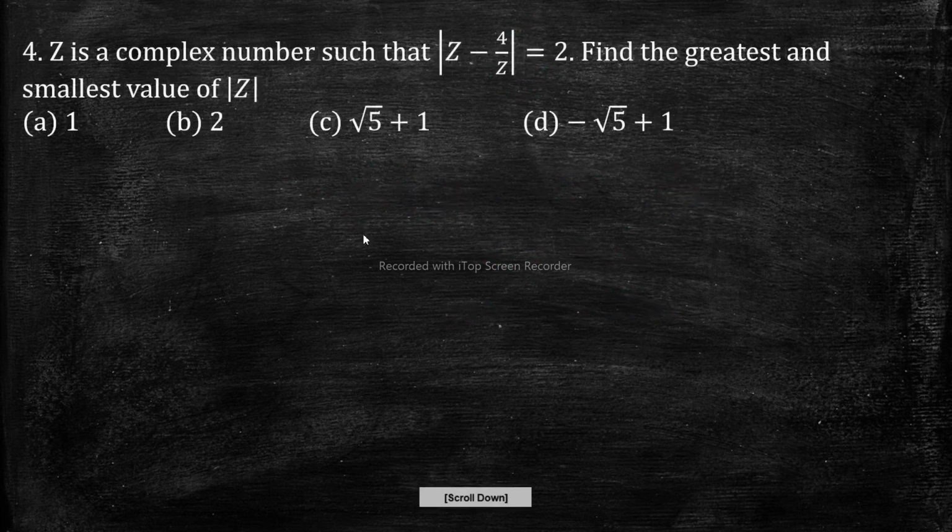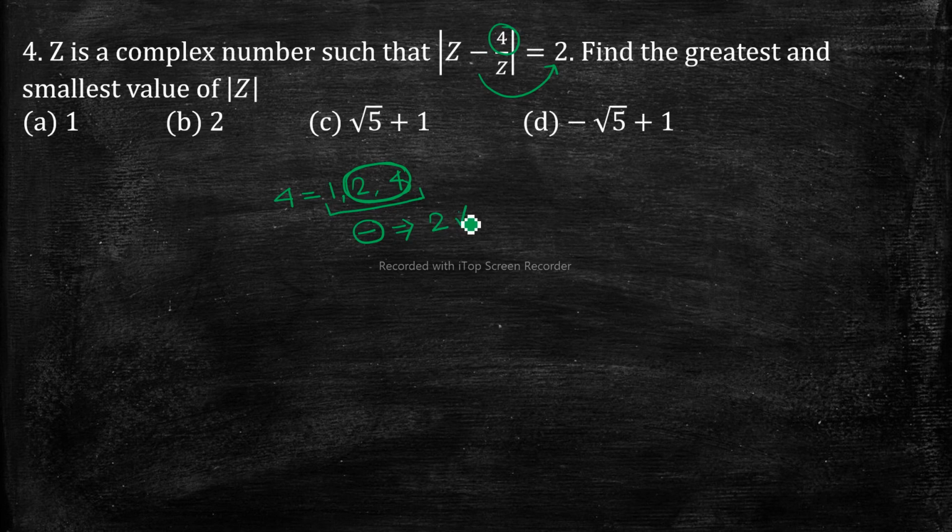Number 4. Z is a complex number such that this, and again our constant term is 4. Let us take 4. The factors of 4 are 1, 2 and 4. Now you choose any two numbers and try to get the result 2 by subtraction. Yes, you got it here: 4 and 2. By subtraction you definitely get 2, it's true.